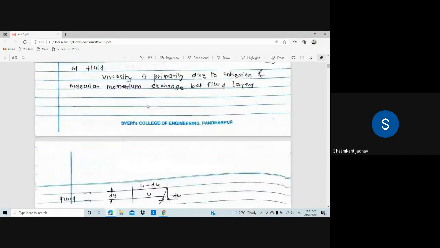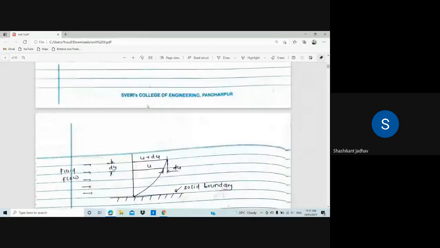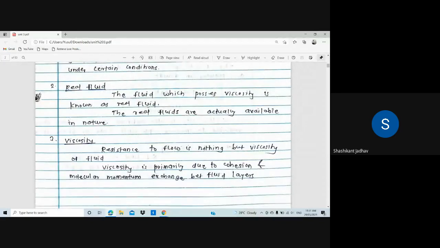So all of you write down: viscosity is primarily due to cohesion and molecular movement exchange between fluid layers.